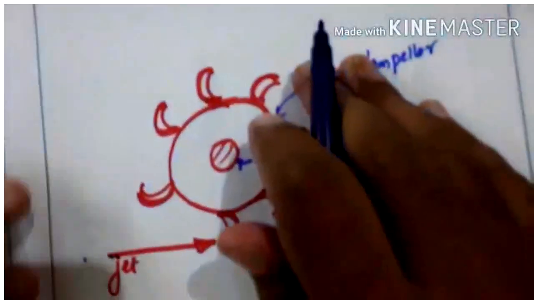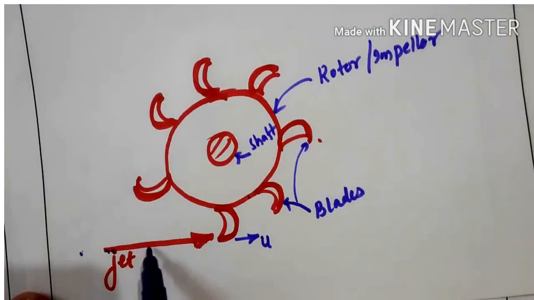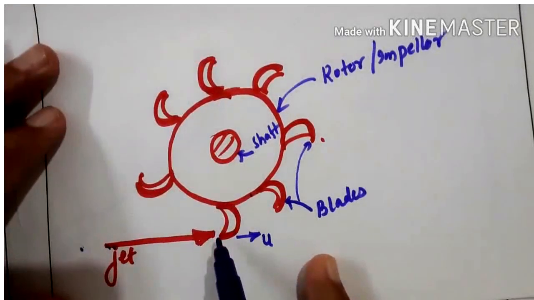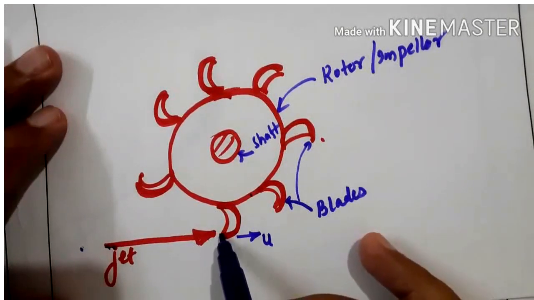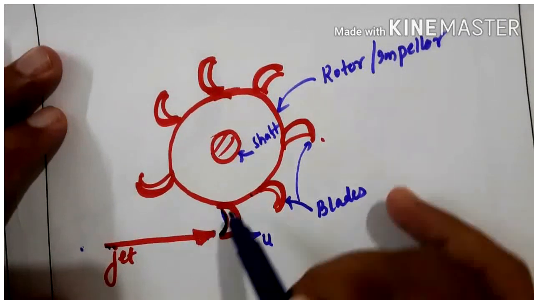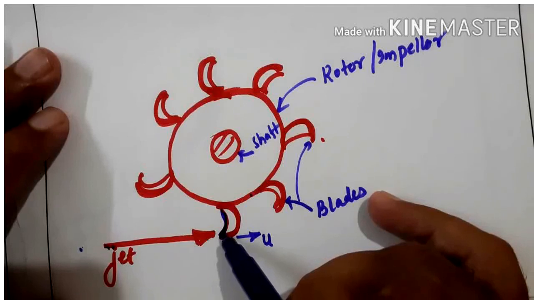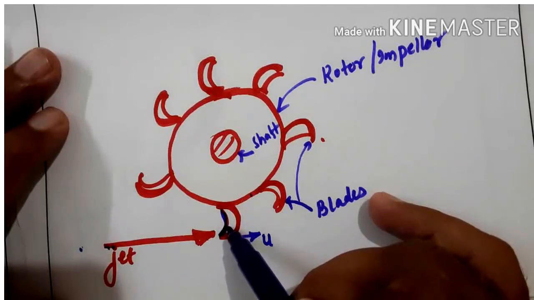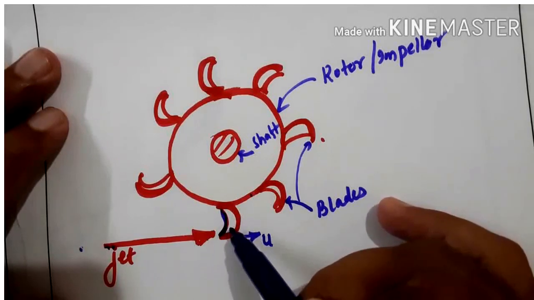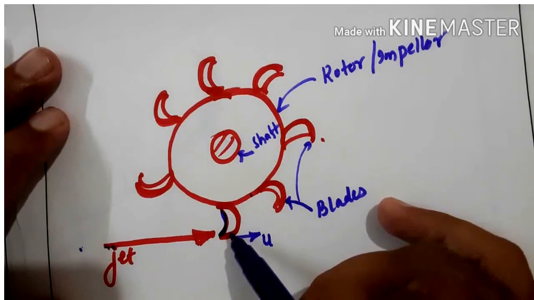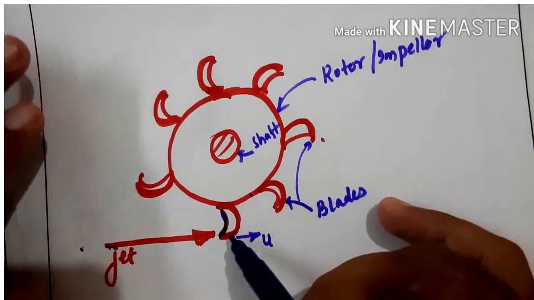See here again, in this case, as the fluid is striking the vane, the water is gliding over the surface like this. As the fluid is gliding over the surface, there is a change in the momentum, either the direction of the fluid or both magnitude and direction of the fluid get changed.